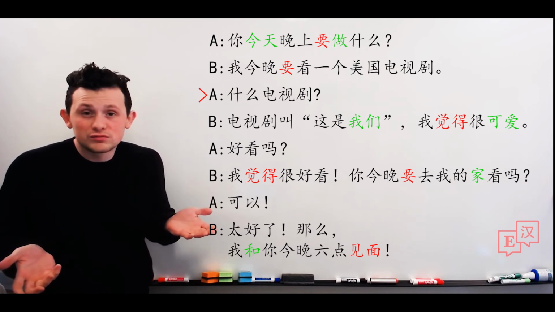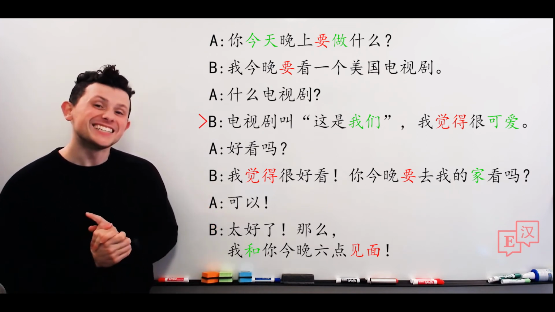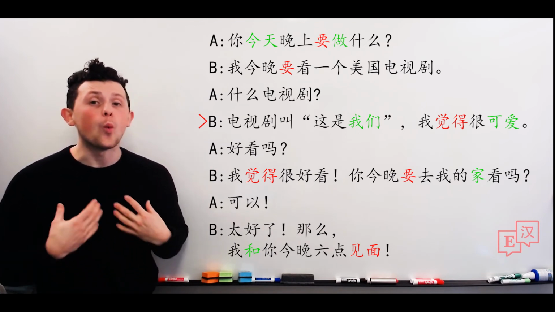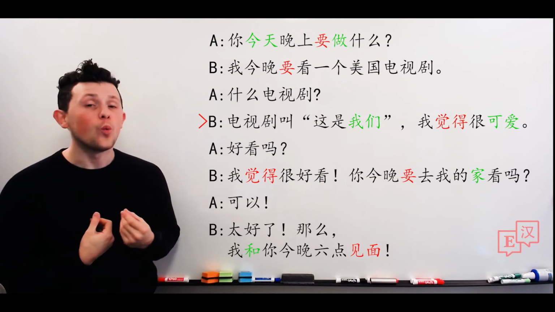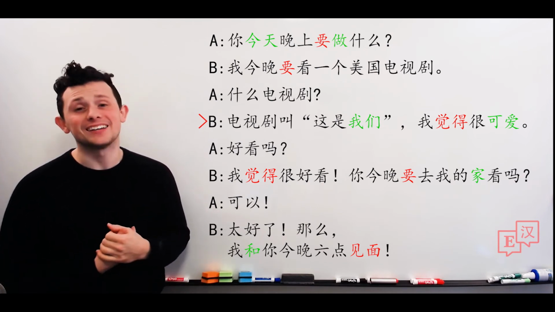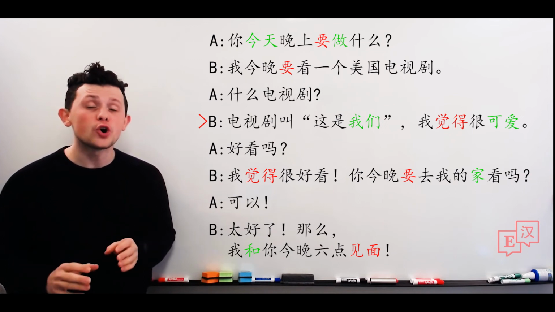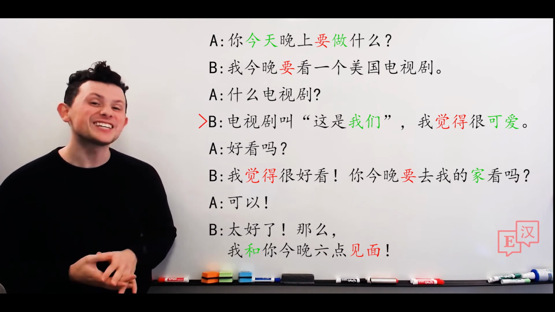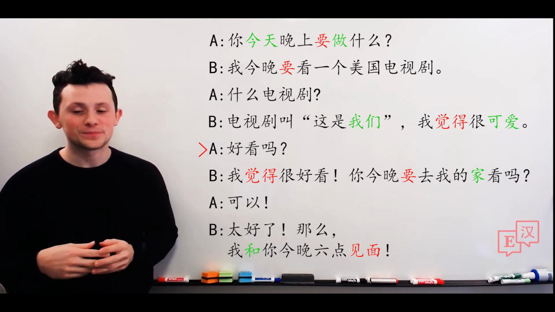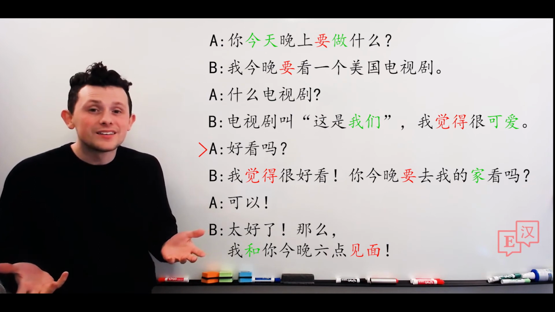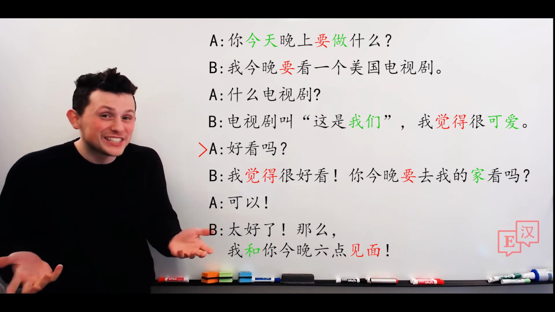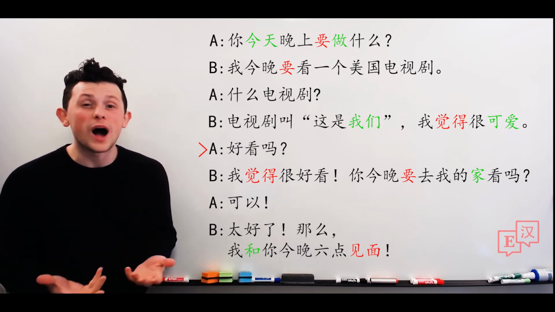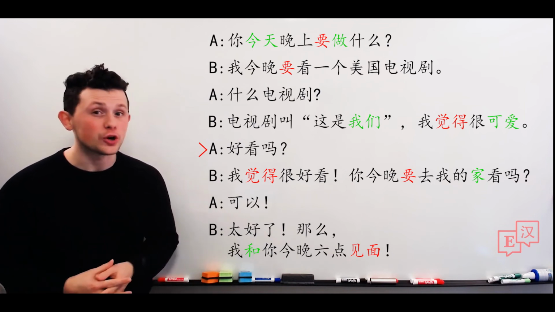What TV show? 电视剧叫这是我们。我觉得很可爱。The TV show is called This Is Us. I think it's really cute. 好看吗? Is it good? Do you like watching it? Remember, 好看 in this situation means good to watch or enjoyable because we're talking about a TV show.